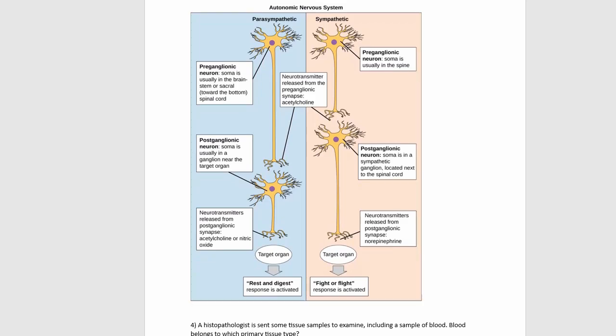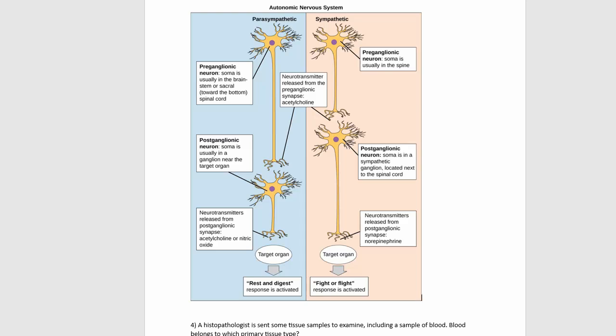Okay, fantastic. So pre- and postganglionic refers to the location of the neurons in question. Preganglionic, so these two up here on both the sympathetic and parasympathetic side, these preganglionic neurons are located in the central nervous system.